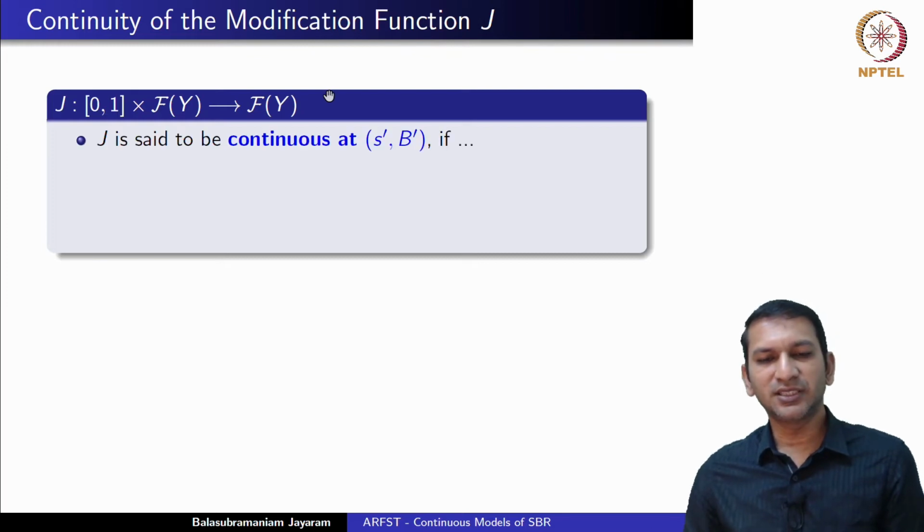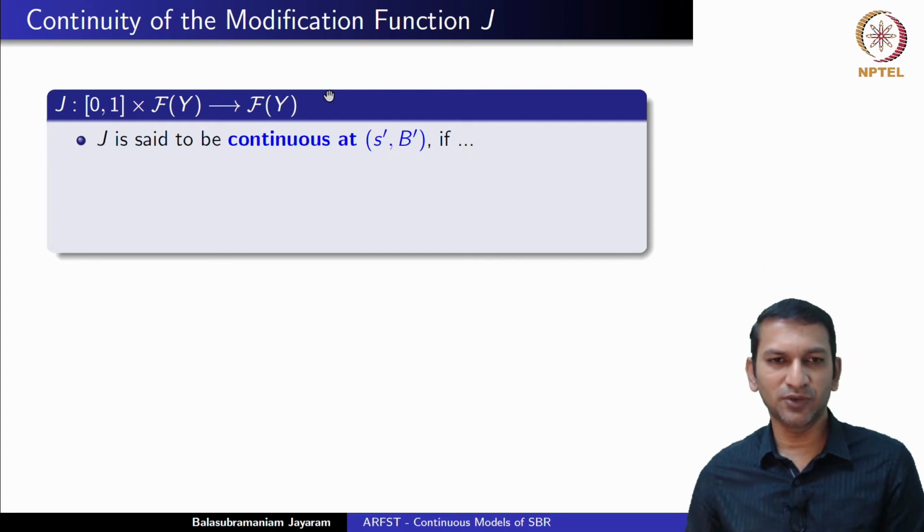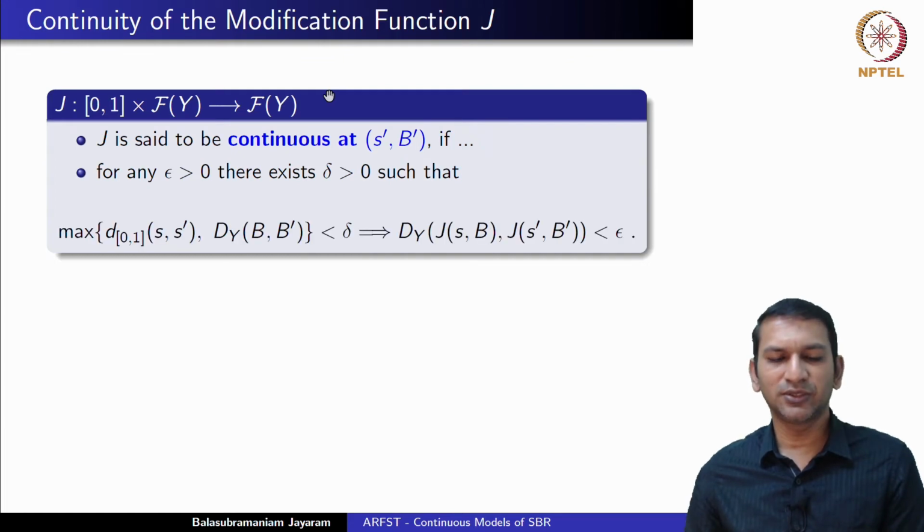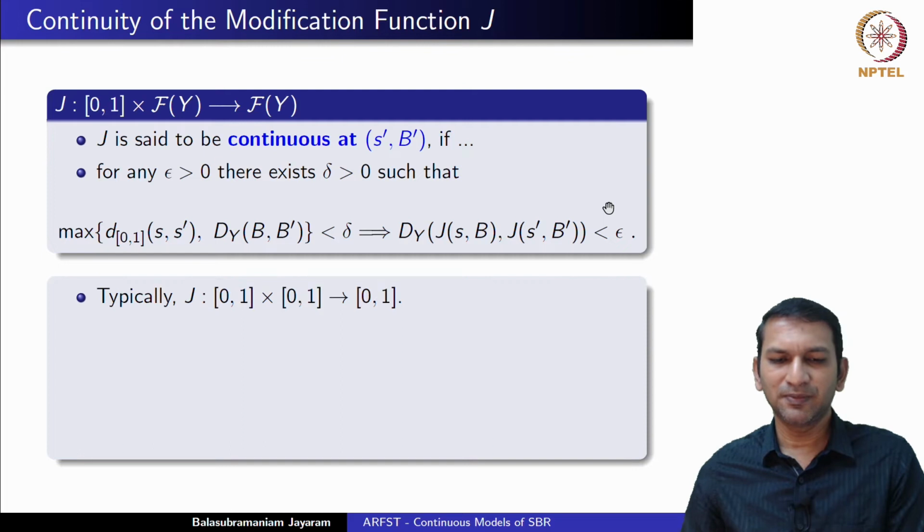We say this J is continuous at a point (s', b'), where s' is from [0,1] and b' is a fuzzy set on Y, if for any epsilon greater than 0, there is delta greater than 0, such that whenever the max of this quantity is less than delta, then we want the corresponding modified fuzzy sets to be, with respect to the metric on Y, less than epsilon. Now this is the usual definition of continuity with respect to the product metrics that we have considered.